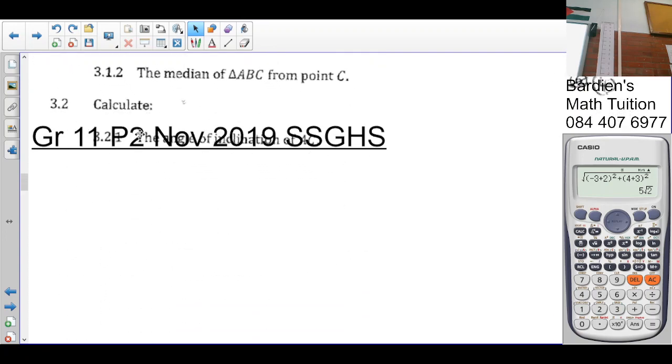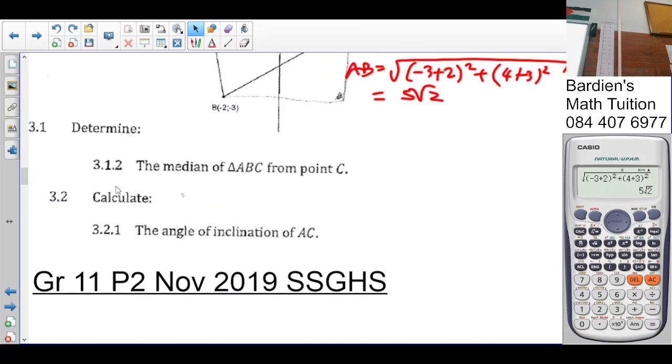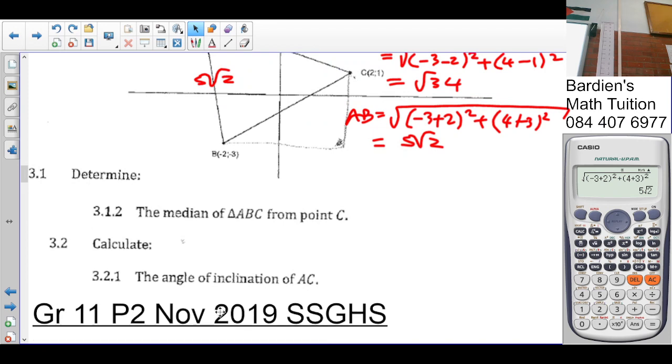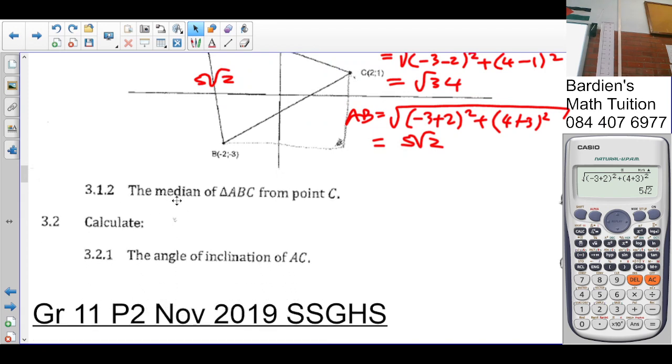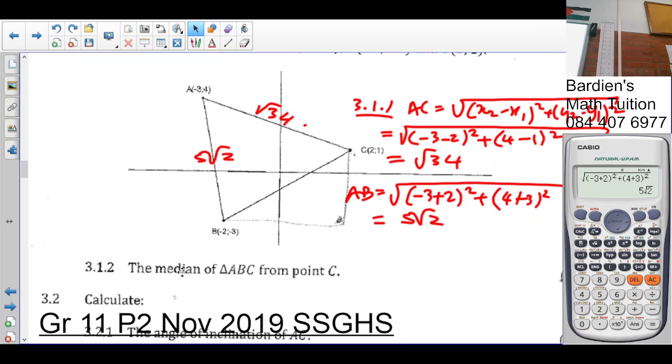Then the question in 3.1.2 says, calculate the median of triangle ABC from point C. So here's C. The median is connected to the opposite side, and is connected to the midpoint of that opposite side.